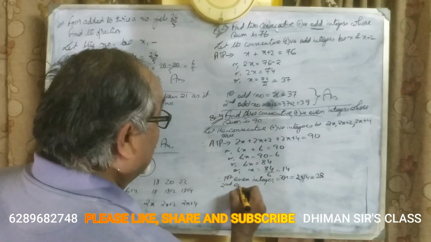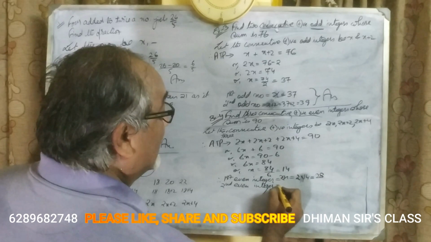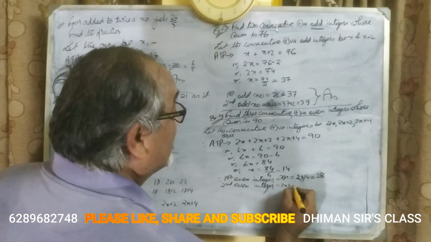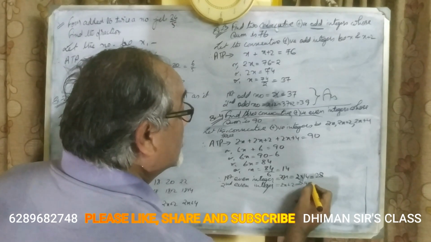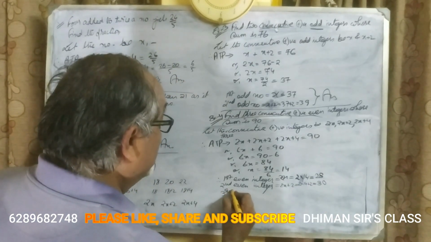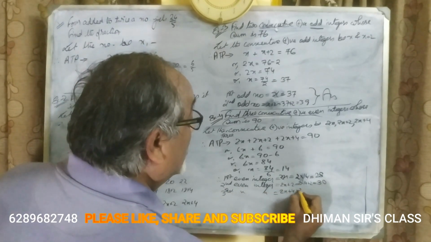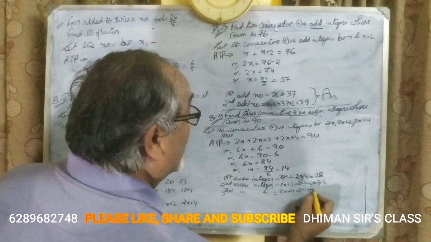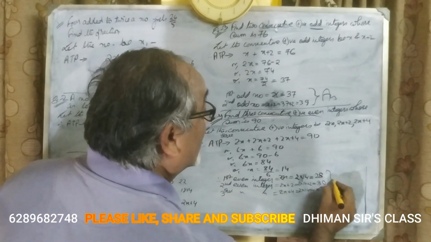Second even integer is equal to 2x plus 2 is equal to 2 into 14 plus 2 is equal to 30. And third even integer is equal to 2x plus 4 is equal to 2 into 14 plus 4 is equal to 28 plus 4, 32.